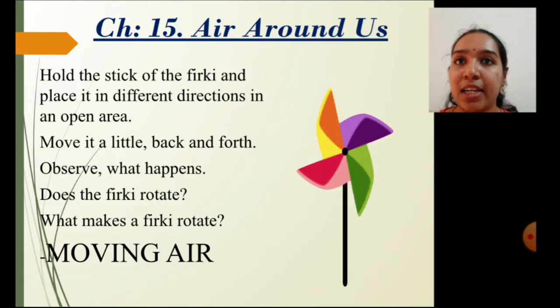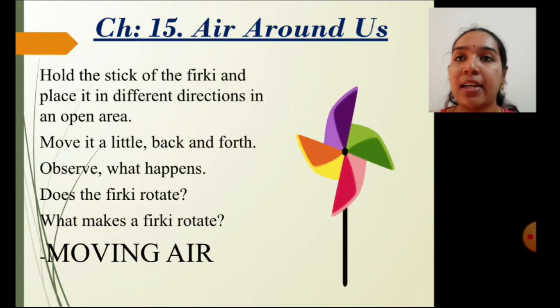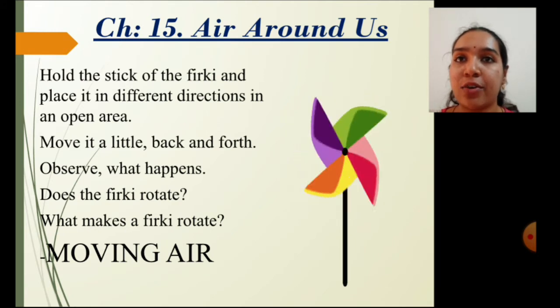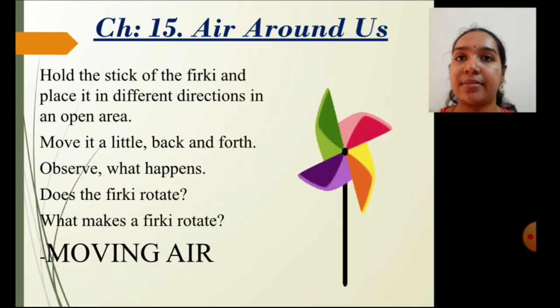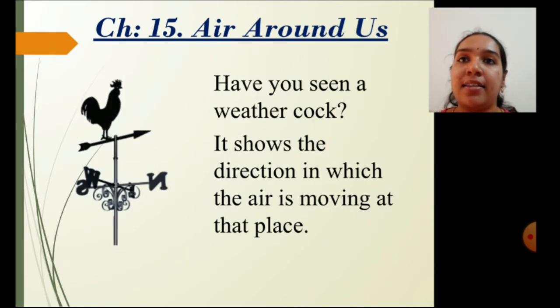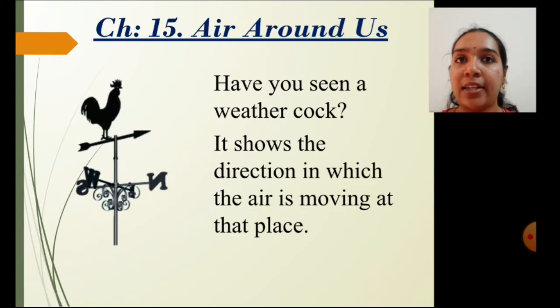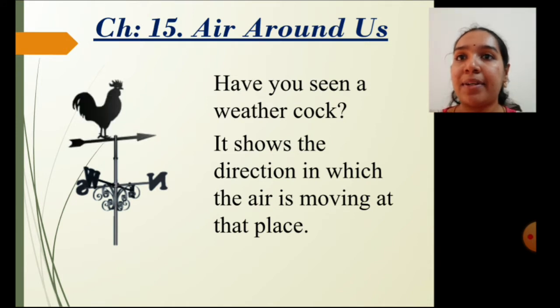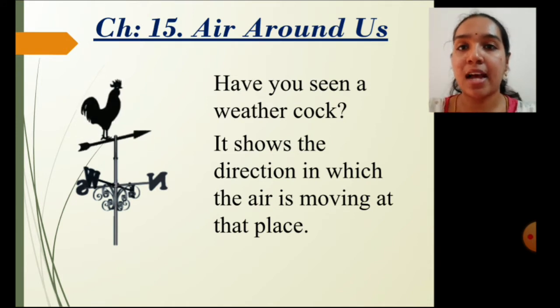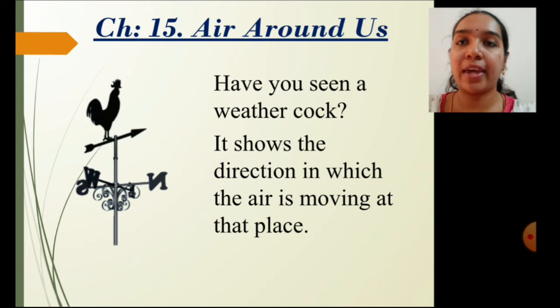The firki which we learned how to make also rotates due to moving air. The weathercock, which is placed on the roof to show the direction of moving air at that place, is also an example, and all these examples are of the presence of air.